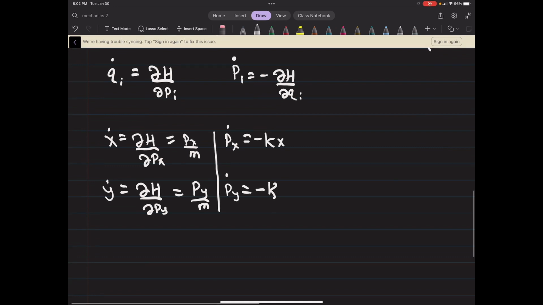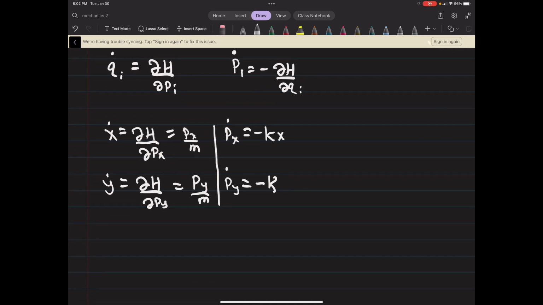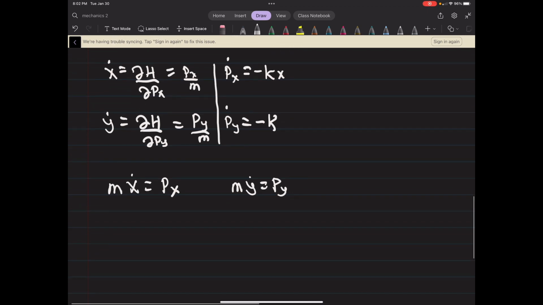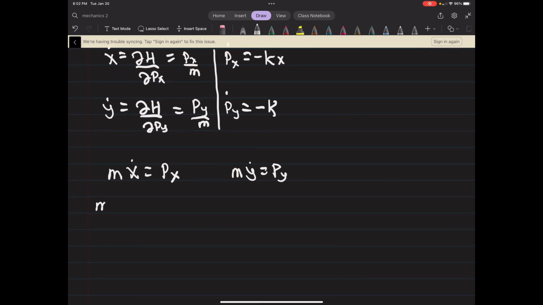So now all we need to do is find the equations of motion from here. So we can see that m x dot is equal to px and m y dot is equal to py. And if we take a time derivative on both sides of these equations, we get m x double dot equals px dot and m y double dot equals py dot.